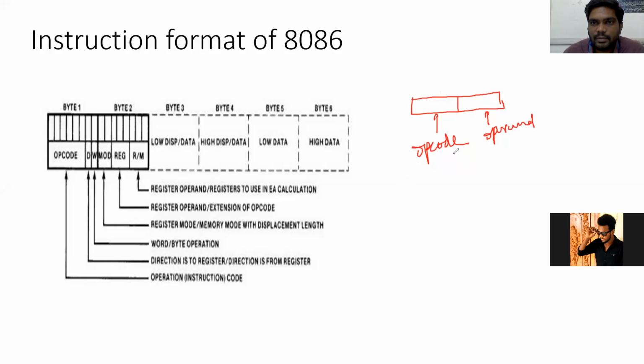The instructions have this format, the opcode and operand. The opcode specifies the type of operation that is performed by the microprocessor. And the operand indicates the data on which this operation is performed.